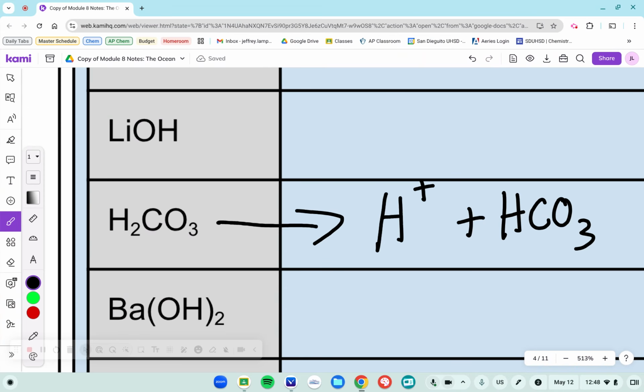That means that if I add all my products back together, those also shouldn't have a charge. So if this is H+, this should be HCO3 what? Minus, right? So if I take away an H+ from H2CO3, I'm removing one H and also one plus. Then I have HCO3 minus as my other product. Does this make sense so far? So I just split H2CO3 into an H+, and then whatever's left over. Okay? Questions at this point?